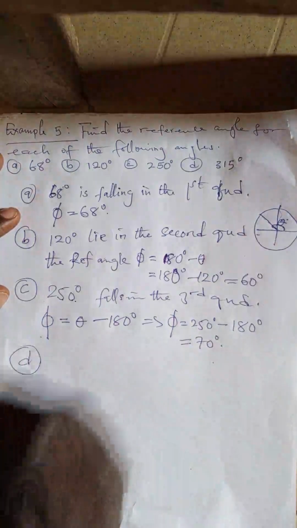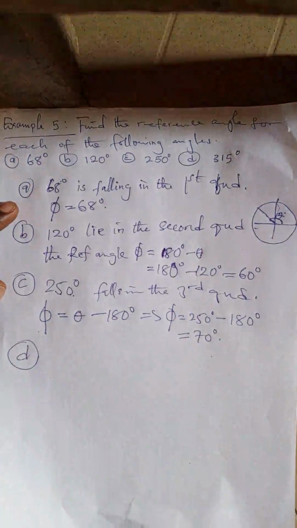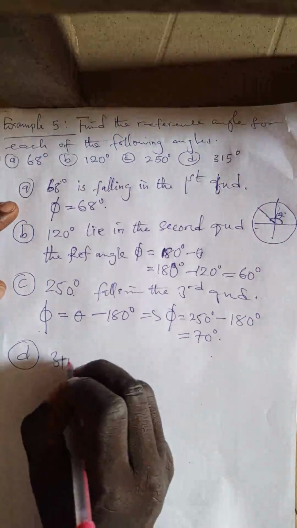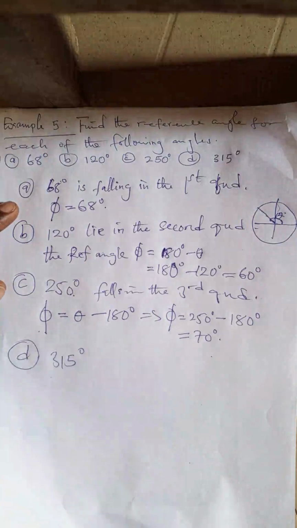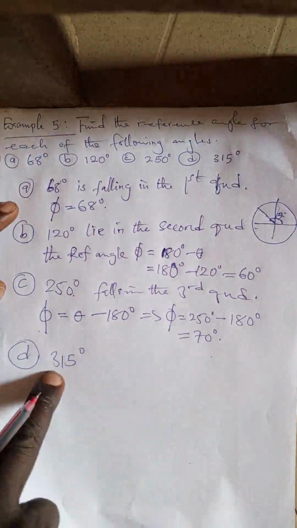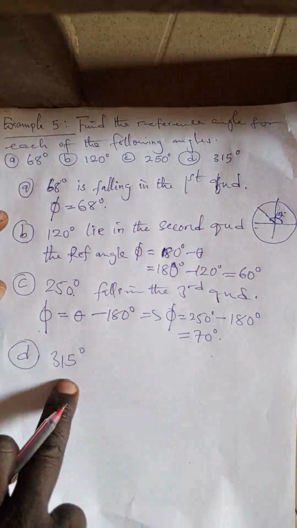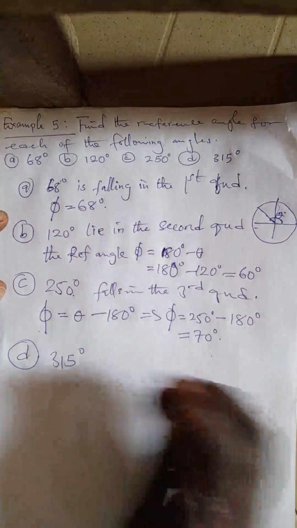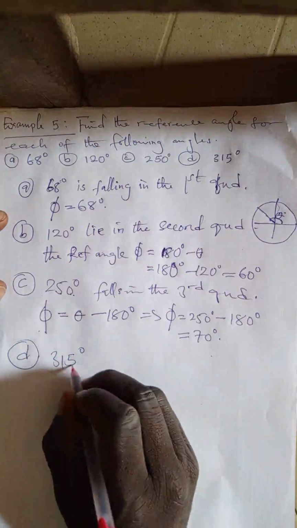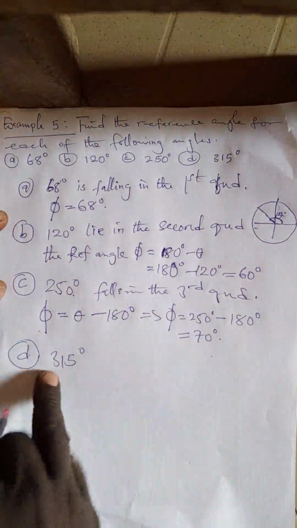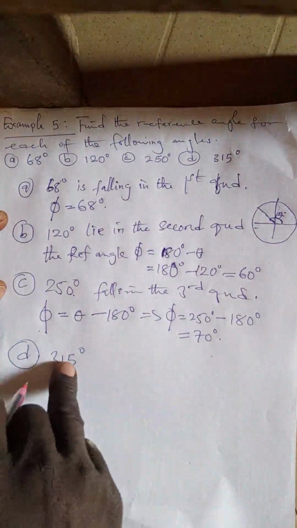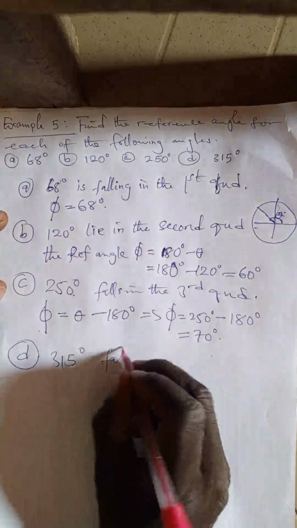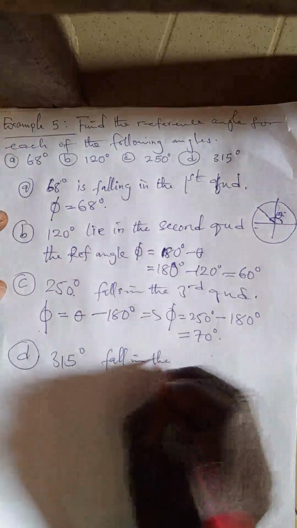Now, coming to the D part of the question, the D part is saying 315 degrees, meaning theta is given as 315. To find the reference angle for theta, you simply say this is falling in the fourth quadrant because this is greater than 270 but less than 360. So it is falling in the fourth quadrant.